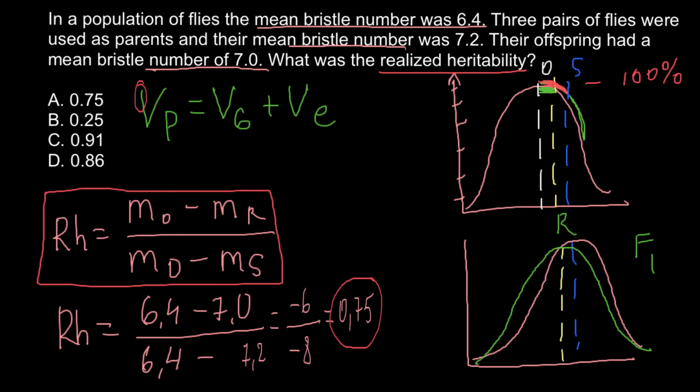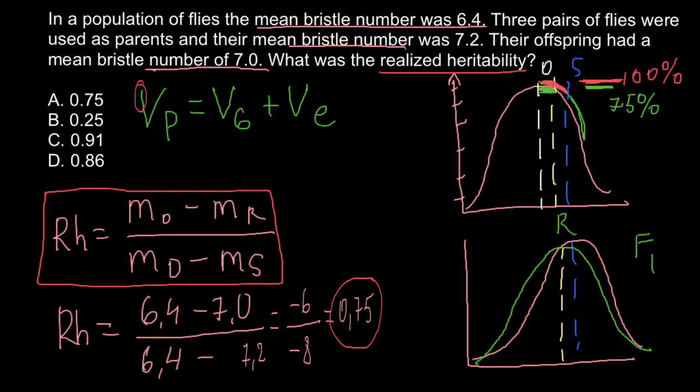So once again, if this fragment would be 100% and the second would be of this size, then according to our problem today, we have found that this green line is 75% of the red line.